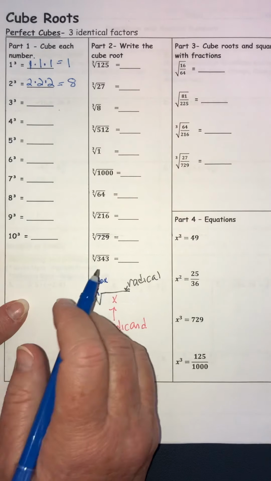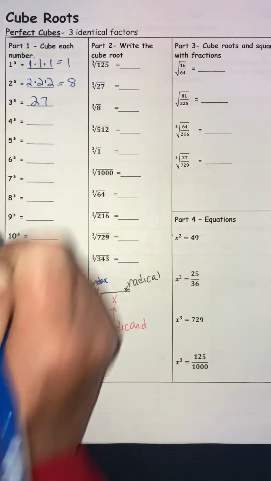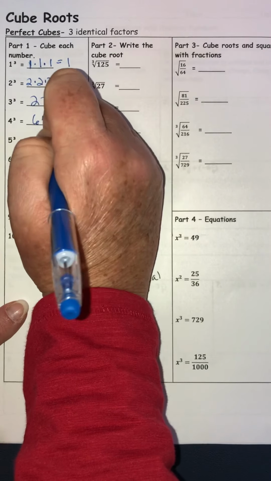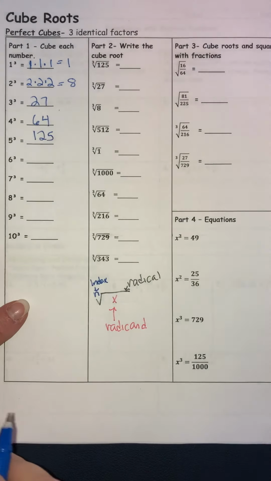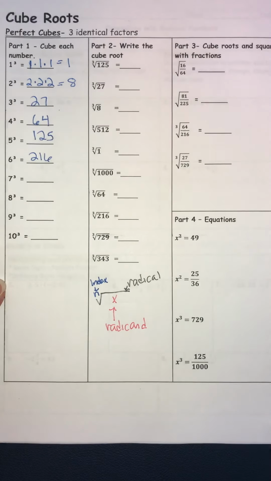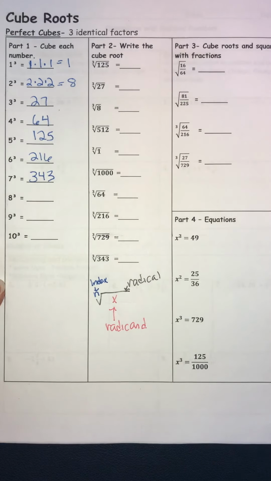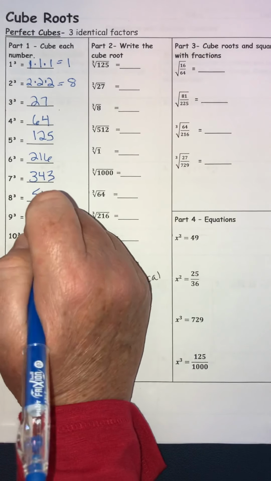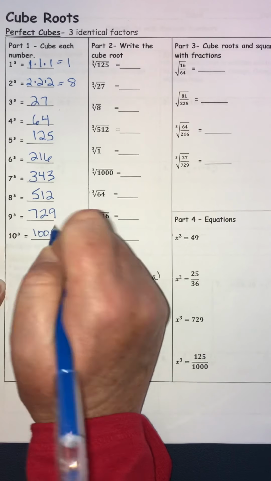Okay, so 3 cubed is 3 times 3 is 9, times 3 is 27. 4 cubed is 64. 5 cubed is 125. 6 cubed is 216. 7 cubed is 343. 8 cubed is 512. 9 cubed is 729. And 10 cubed is 1000.